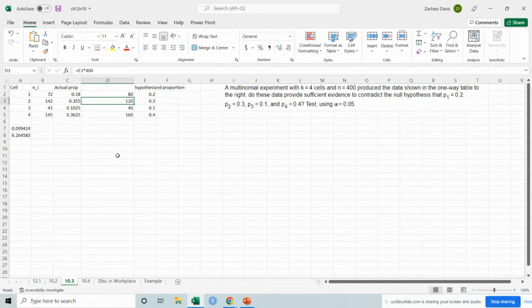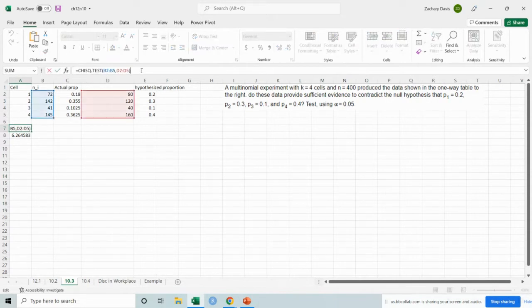What this one-way contingency table is going to test simultaneously is: is 72 far enough from 80 to be statistically significant? Is 142 far enough away from 120 to be statistically significant? It pulls all those values in, and we do that with a chi-square test. You can see we have CHISQ.TEST, and you pull in these 2 arrays. They're arrays because we're only looking at one-dimensional data right now.